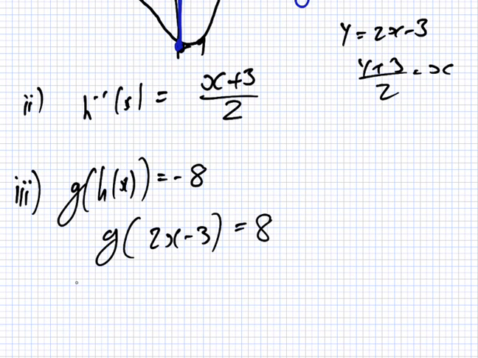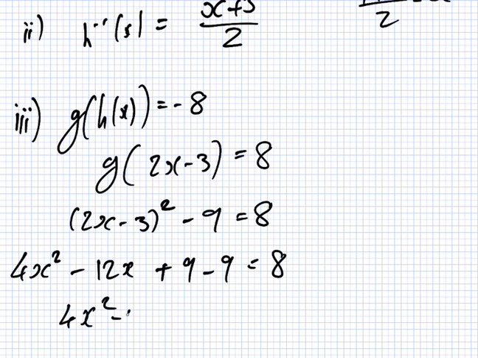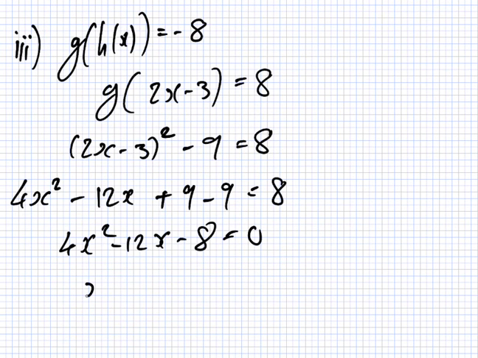That is (2x minus 3) squared minus 9 equal to 8. 4x squared minus 12x plus 9 minus 9 equals 8. 4x squared minus 12x minus 8 equals 0. x squared minus 3x minus 2 equals 0.